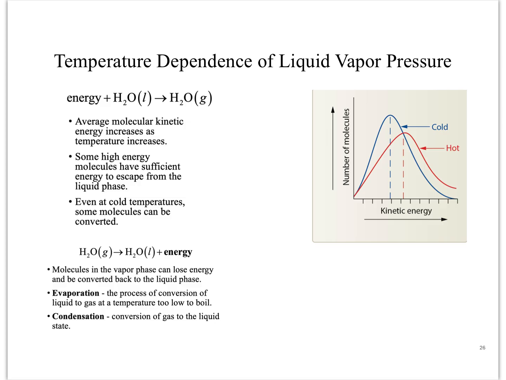In other words, if you raise the temperature, you are going to put more energy into this liquid and help the molecules escape from the liquid phase, so overcome the interaction and go to the vapor phase. So basically what we are seeing here is, if you increase the temperature, the liquid vapor pressure will increase.